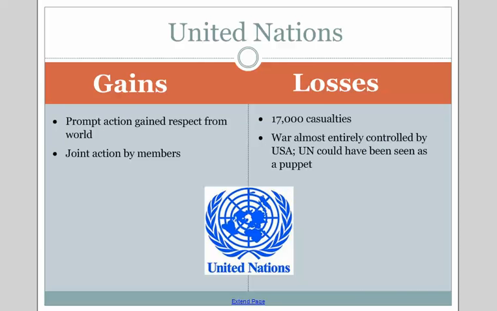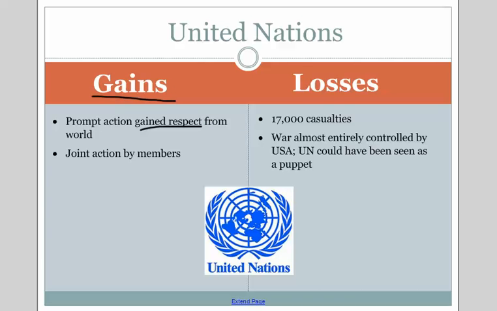The second place, I guess we'll call it, that we'll look at is the United Nations. Which is kind of interesting because it's not really a place, but they had a very important role in the Korean War. So we're going to look at them. The gains of the United Nations: they gained respect. So the prompt action they had gained respect of the world.